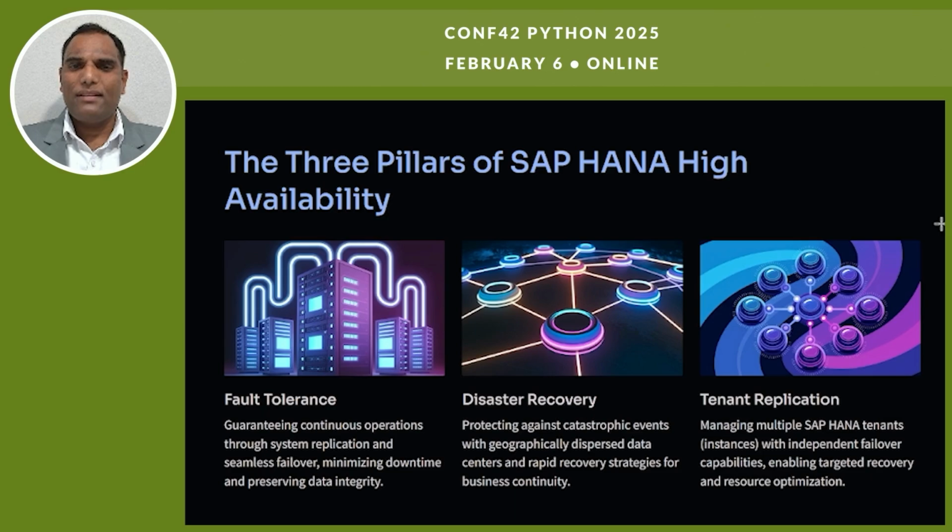Second one is disaster recovery, protecting against catastrophic events with geographically dispersed data centers and rapid recovery strategies for business continuity. The third one is tenant replication, managing multiple SAP HANA tenants, also called instances, with independent failover capabilities, enabling targeted recovery and resource optimization.